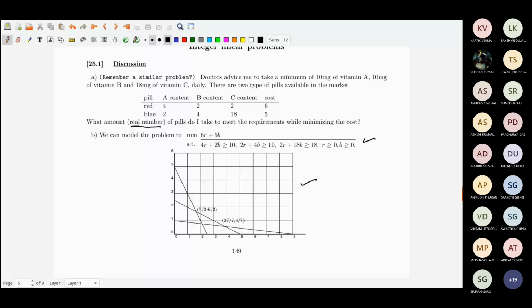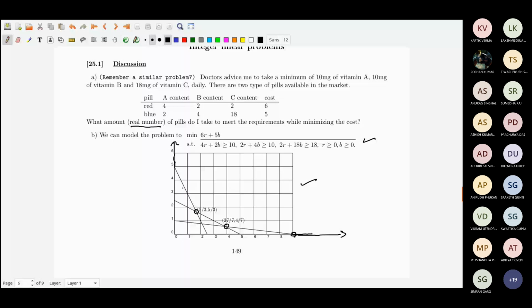So you actually have only 4 vertices in this picture. One you are seeing over here, another over here, and one is this one. These are the 4 vertices.